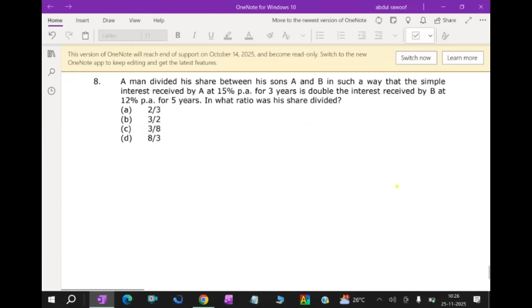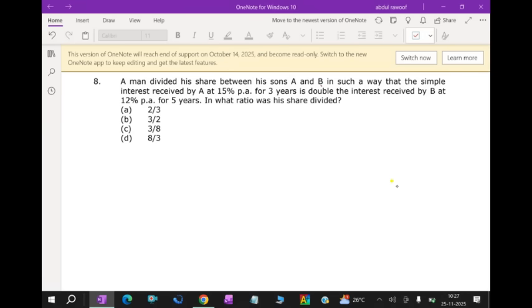Question number 8. A man divided his share between his sons A and B such that the simple interest received by A at 15% per annum for 3 years is double the interest received by B at 12% for 5 years. Both simple interests we have to calculate.